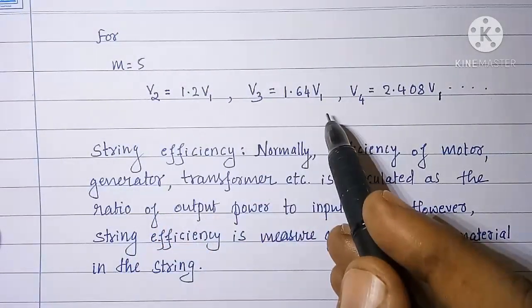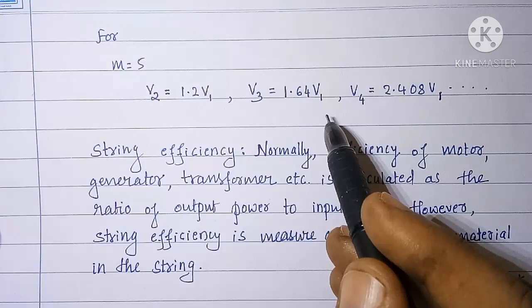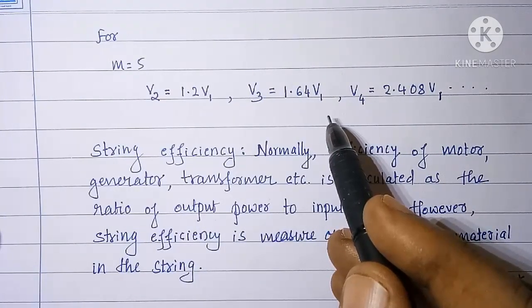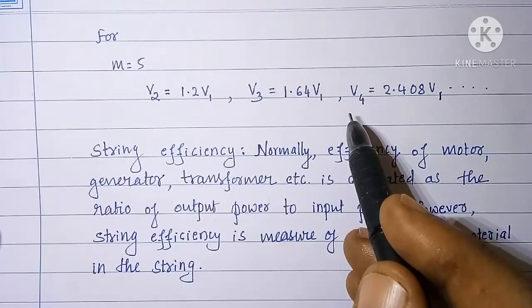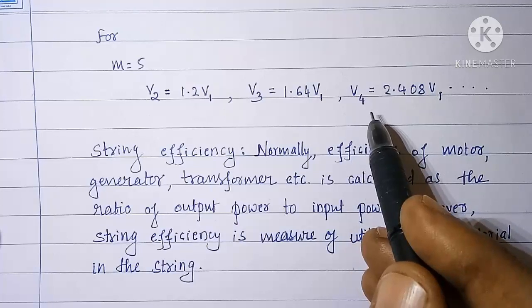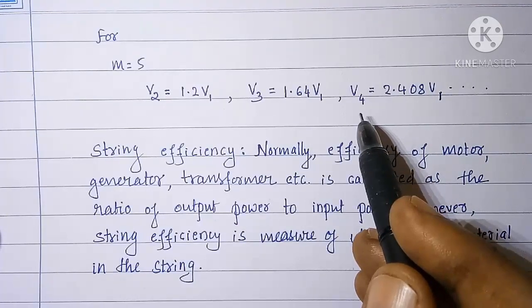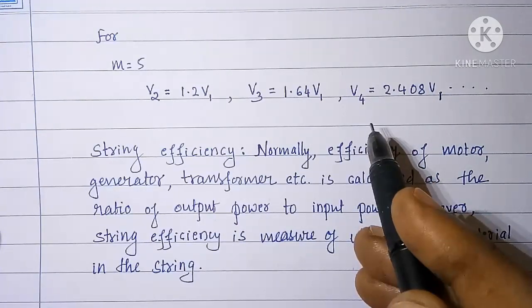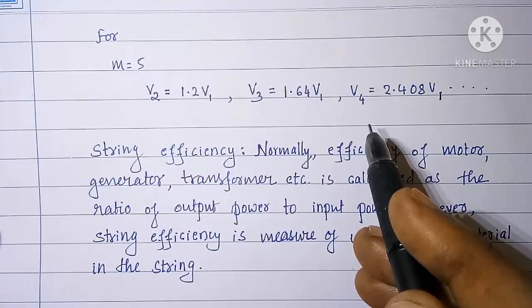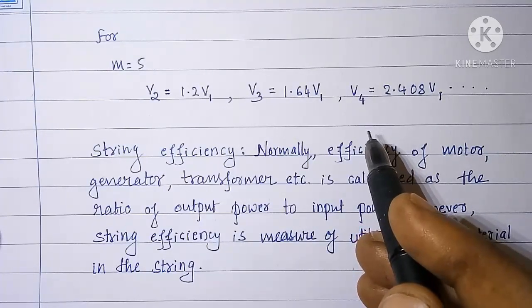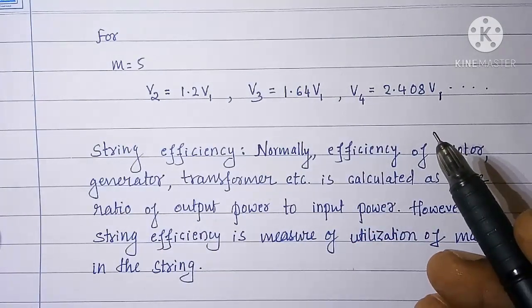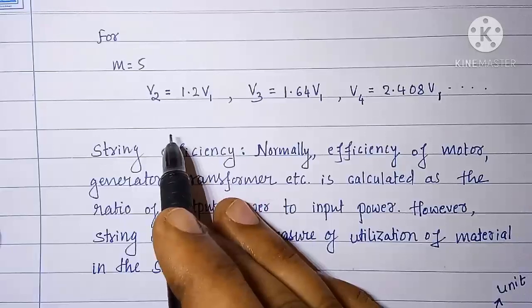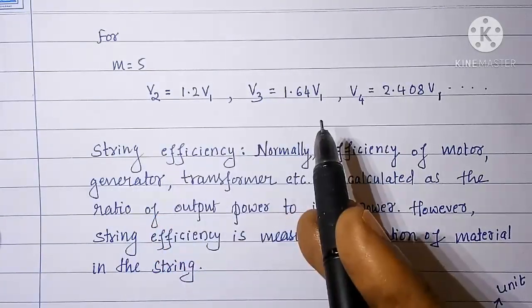From these relationships between V2, V3, V4 and V1, we understand that as we go down from the cross arm to the conductor, the voltage across each unit goes on increasing. To improve the string efficiency, it is necessary to make the voltage across all the units equal.